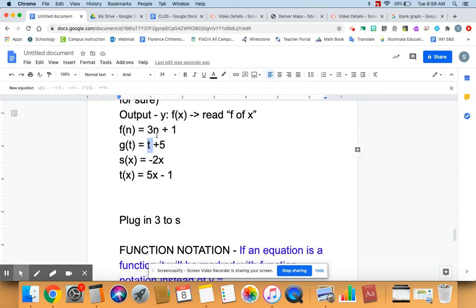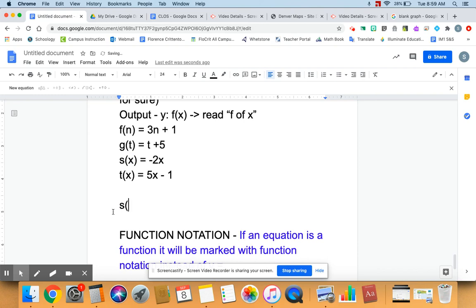What are we using to say input slot? Usually we use X. But what that also means is that I could do this. And what this means is for the function named S, the input is 3.